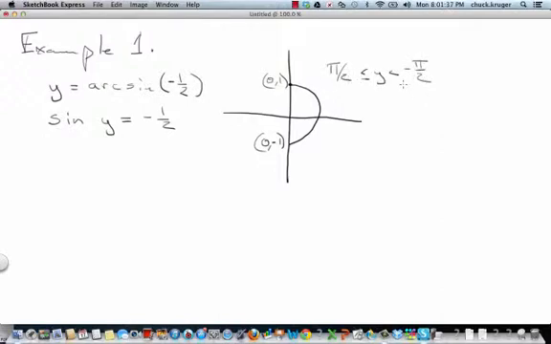Those are in the first and fourth quadrants, where y is positive in the first quadrant and negative in the fourth.